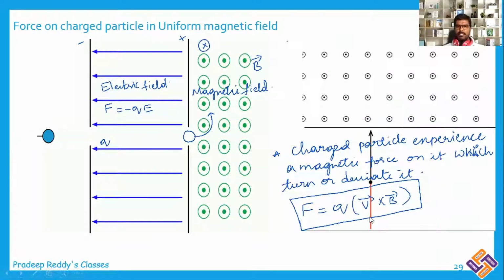Likewise here also, charged particle is coming with some velocity. Immediately the direction of velocity is continuously changing with respect to time. It is making some radius r, right? So this is radius r of the particle, right? It is experiencing a force, and the direction of force is given by left hand rule, Fleming's left hand rule.